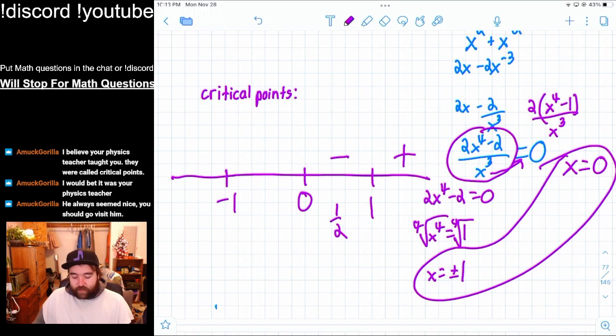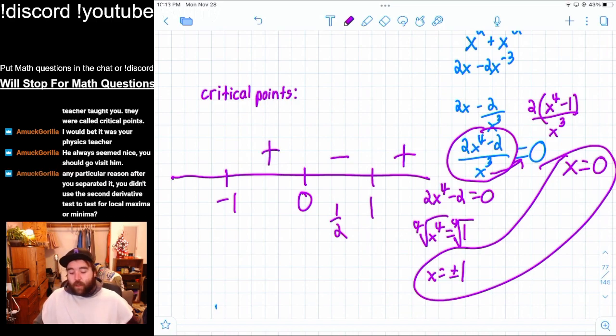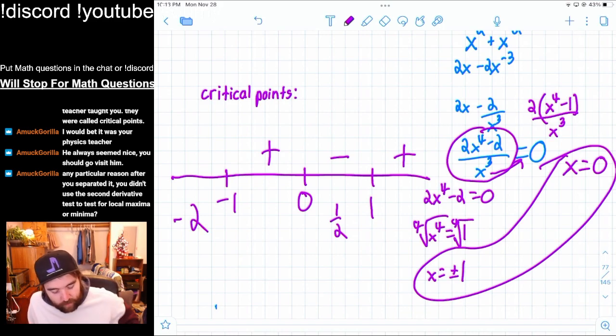So it's negative on top, just like when we plugged in positive 1/2. But now it's negative on the bottom. So here we're getting a negative divided by a negative, which is a positive. And then when we plug in a negative 2, what do we get? We get a positive on top, and then on bottom is a negative cubed. So that's negative again. So what does this look like?